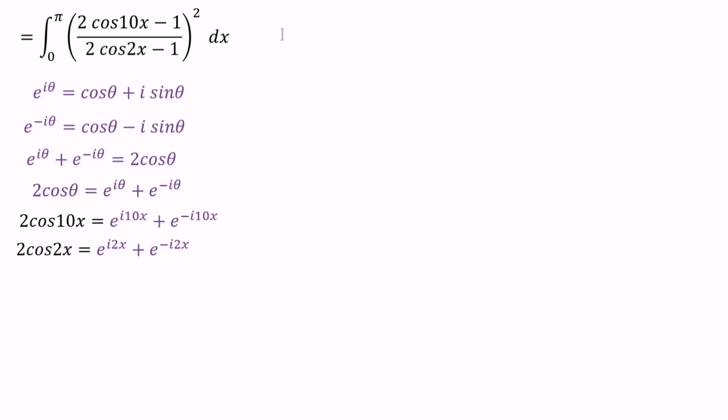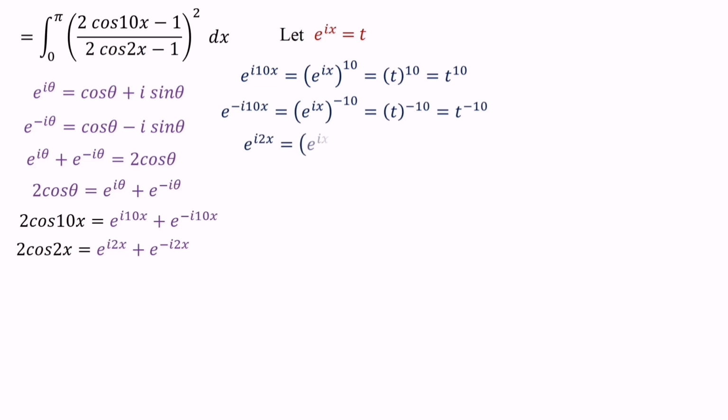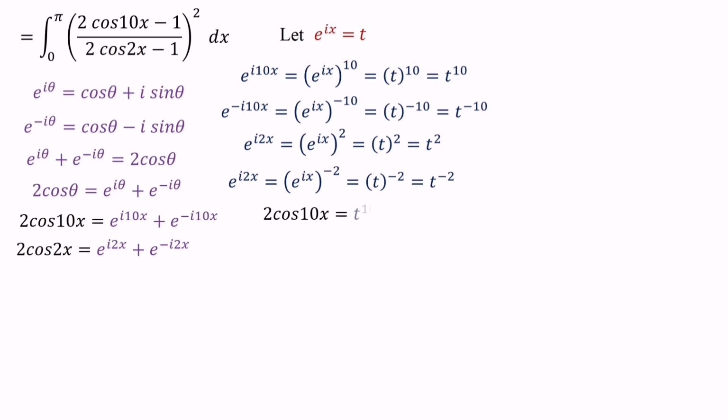Let's consider e to the power of ix as t. Then we can express 2 cos 10x as t to the power of 10 plus t to the power of minus 10. Similarly, 2 cos 2x we can express as t squared plus t to the power of minus 2.